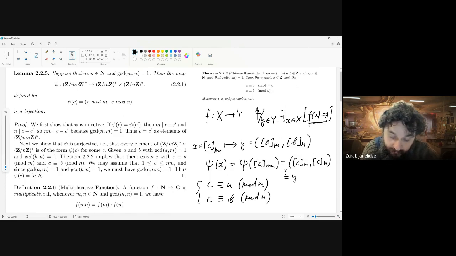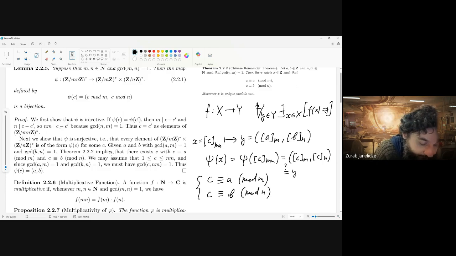So we will have psi of X equals Y because C and A are the same modulo M. So the first coordinate of the psi value will match with the first coordinate of Y. And since C and B are the same modulo N, the second coordinate of the psi value will match with the second coordinate of Y. That's what I explained here as well in the proof.